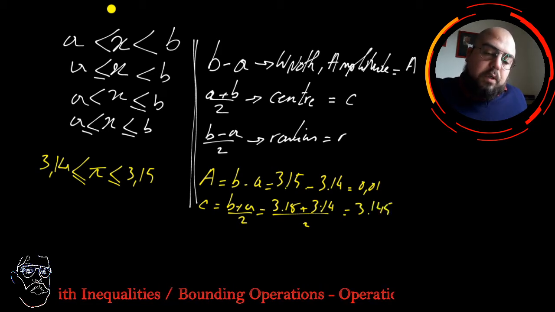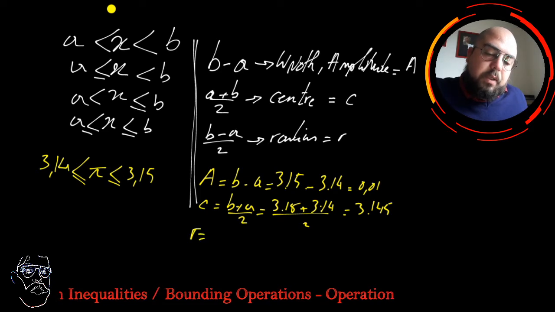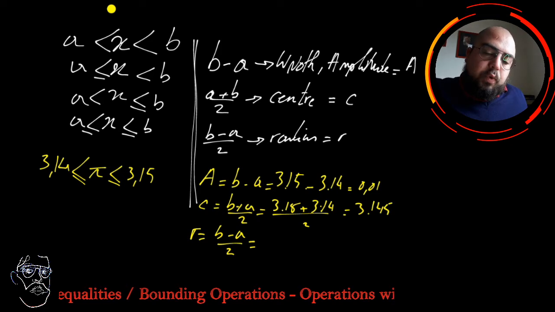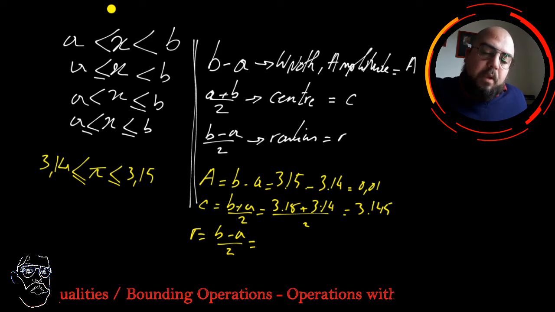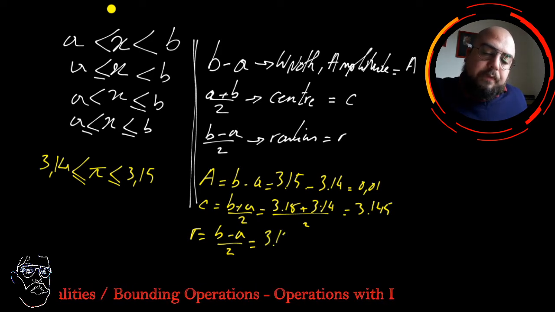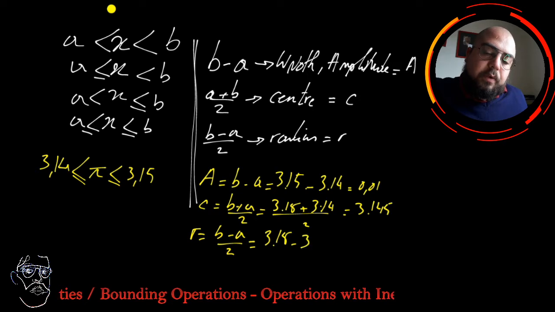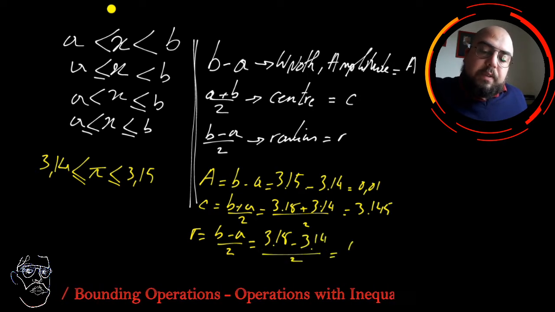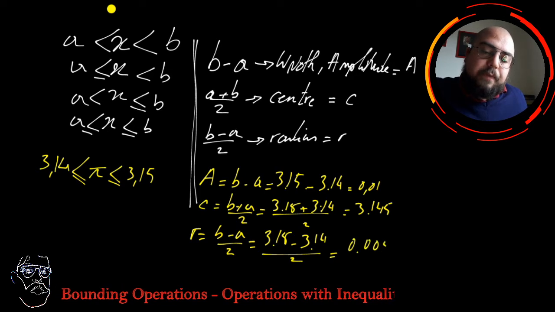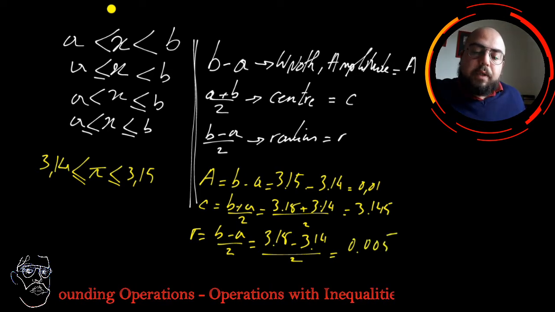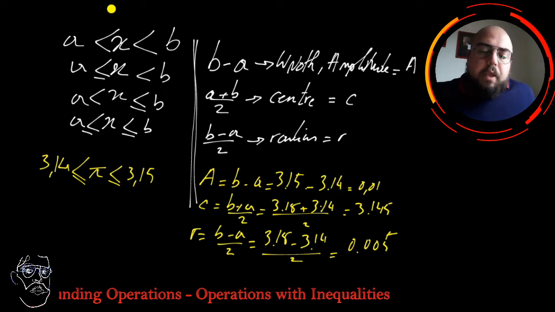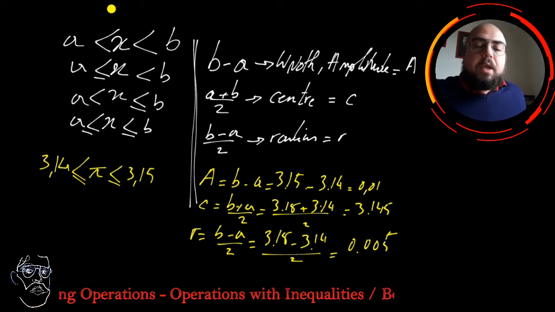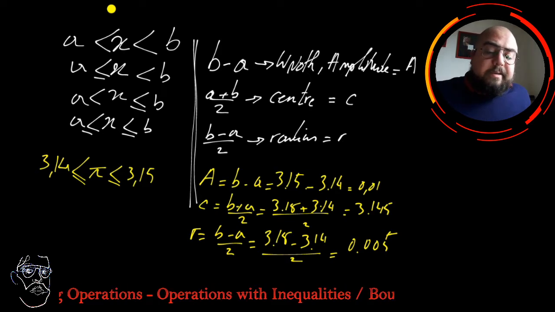As for the radius, it will be (b minus a) over 2, so it will be (3.15 minus 3.14) over 2. I will have 0.005, and this is for the radius. So this is how you actually find the amplitude, the center, and the radius.